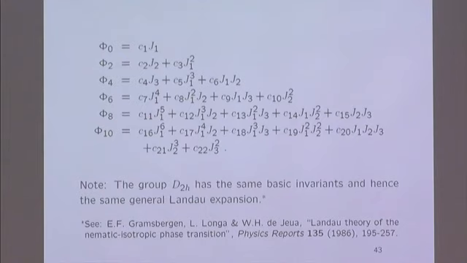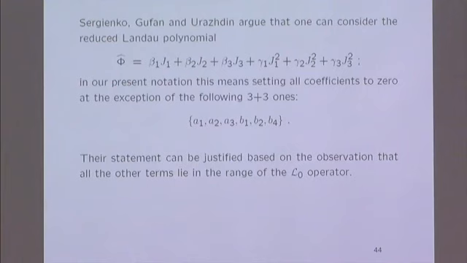I hope so. I checked, but I don't know if I checked well. So Sergienko, Gufan, and Uratsdin were saying, okay, we don't need 22 coefficients if it's enough to have 6, which is still a lot, but it's much more reasonable. And these are the other terms that you need.